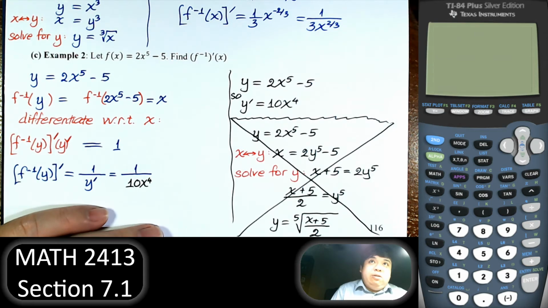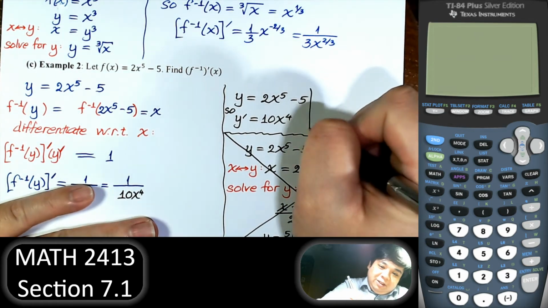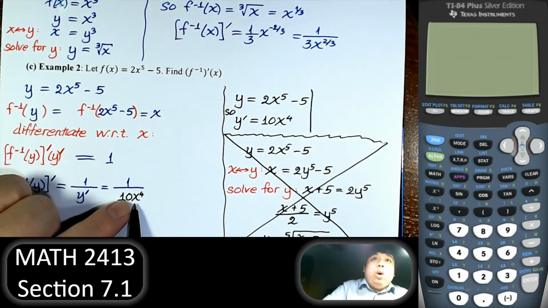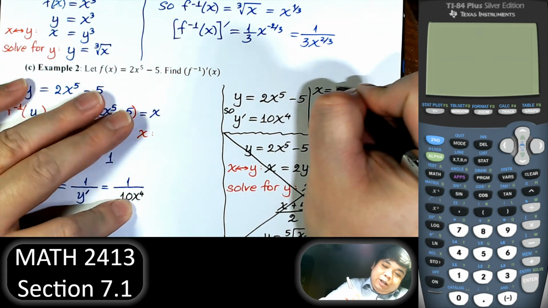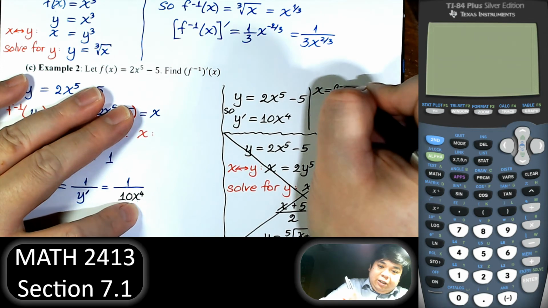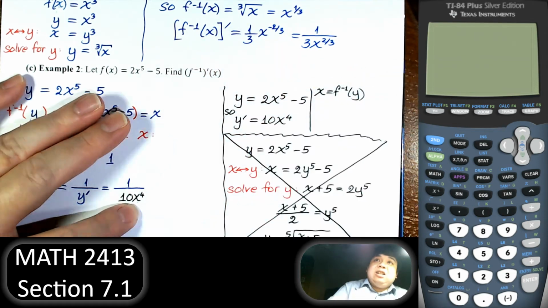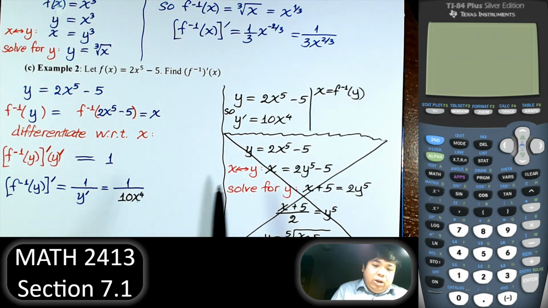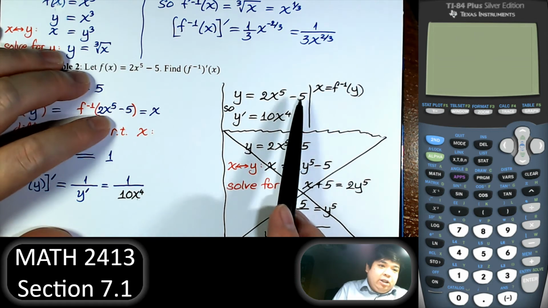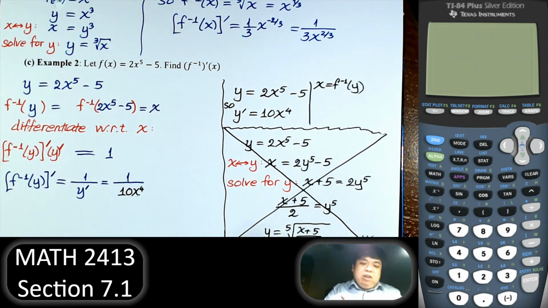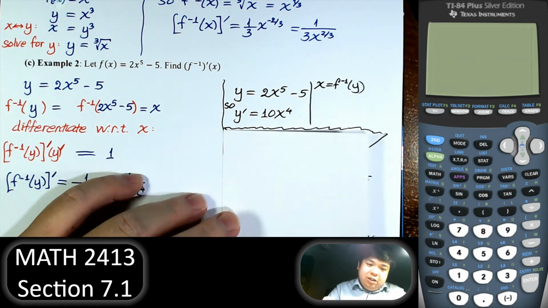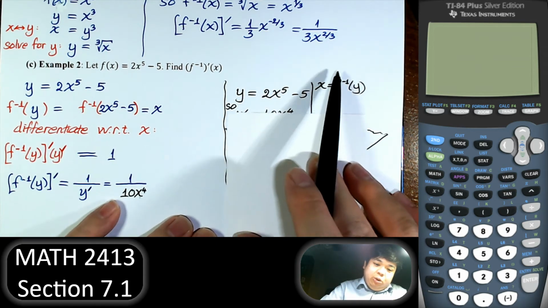We don't need to find the inverse. We need to know what x is equal to as a function of y. We need to write that in terms of y. So in that case, we just solve directly. Yes, we have the inverse, which is good, but we don't need to do it like that.